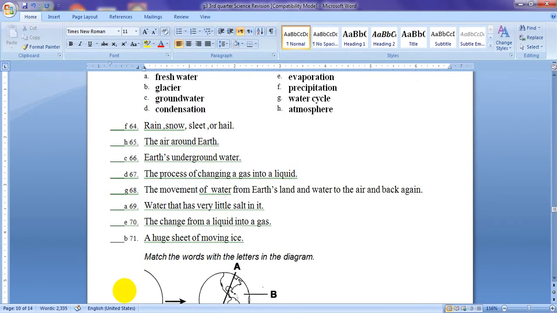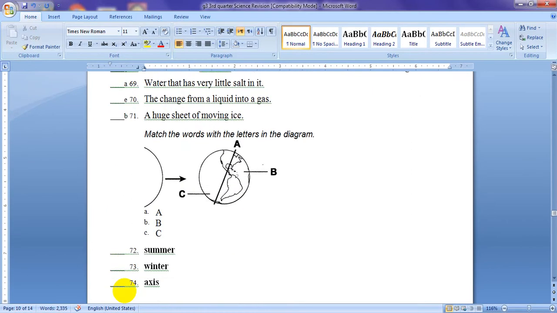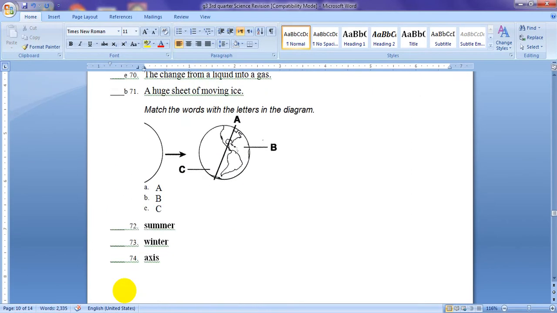Now we will move to the next question. It's also matching. Here we have a figure that shows Earth, and you have 3 letters, A, B, and C. And you also have 3 words, summer, winter, axis. Which letter here matches with the word summer?